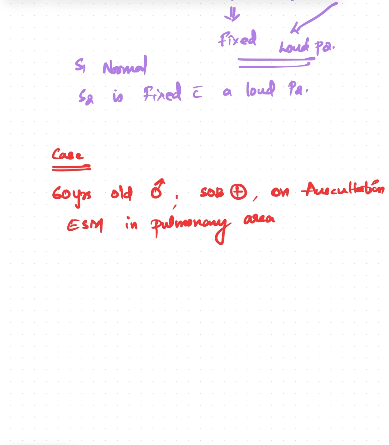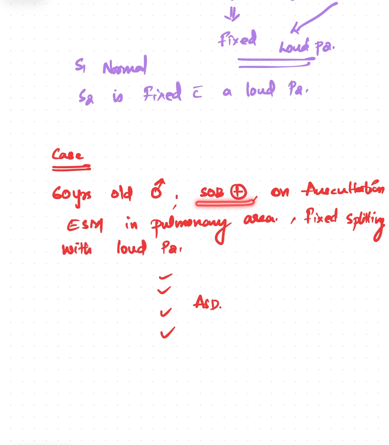You can also hear fixed splitting with loud P2. Now you will be given some options. One will be ASD. I have discussed all the key findings: SOB, ejection systolic murmur, fixed splitting with loud P2.